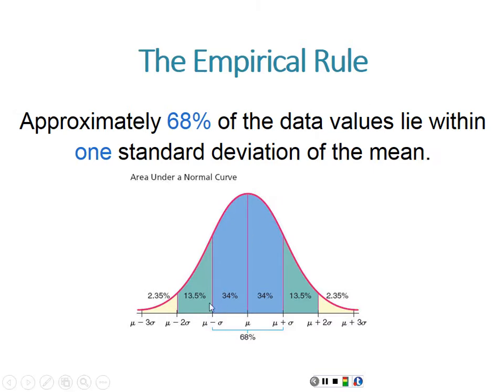So the area from the mean minus 1 standard deviation, which is right here, to the mean plus 1 standard deviation, which is right here, contains 68% of the probabilities, or 68% of the data values. And since that's symmetrical, that 68% is cut in half into 34% to the left of the mean down 1 standard deviation, and 34% to the right of the mean up to plus 1 standard deviation.